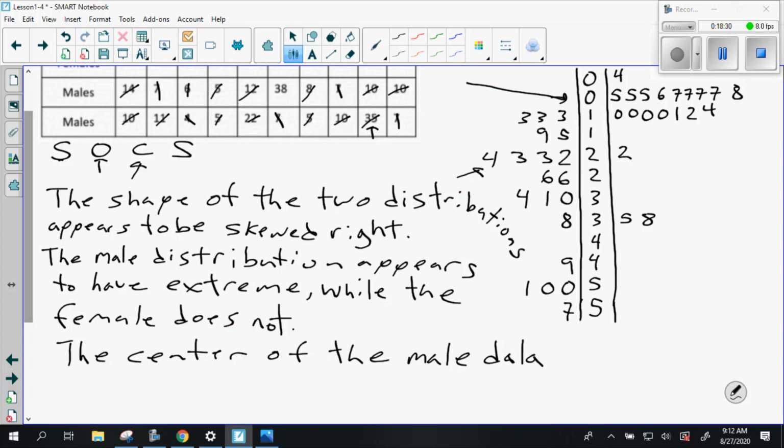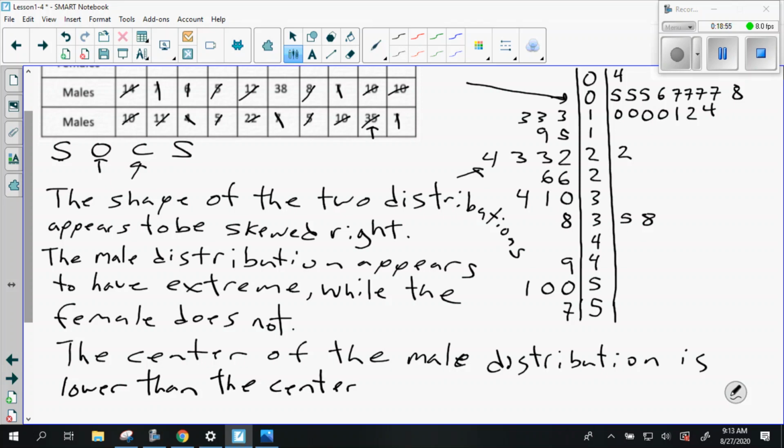Male distribution is lower than the center. And then the next thing that we're going to need to talk about is going to be spread. Just being very thorough.